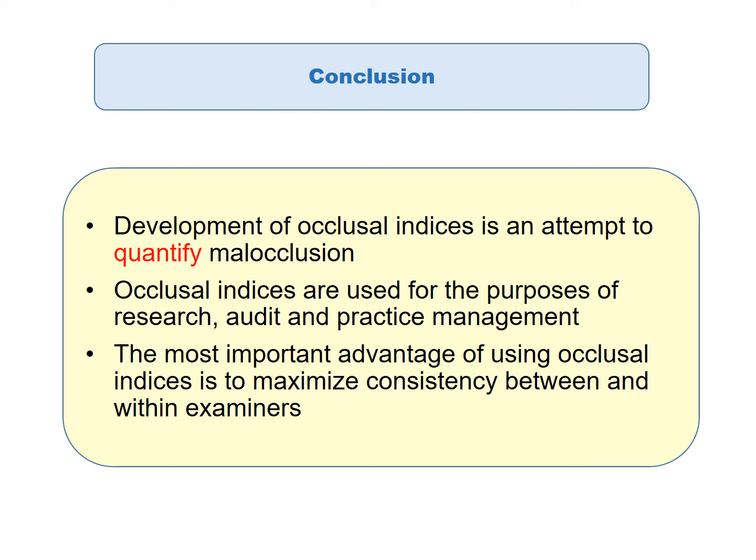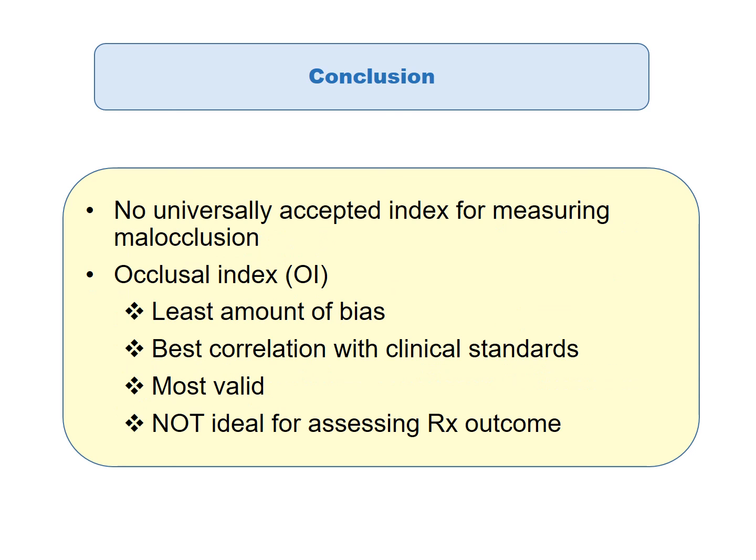Now, in conclusion, the development of occlusal indices is an attempt to quantify malocclusion, and these indices can be used for the purpose of research, audits, and practice management. The most important advantage of using an occlusal index is to maximize consistency between and within examiners.